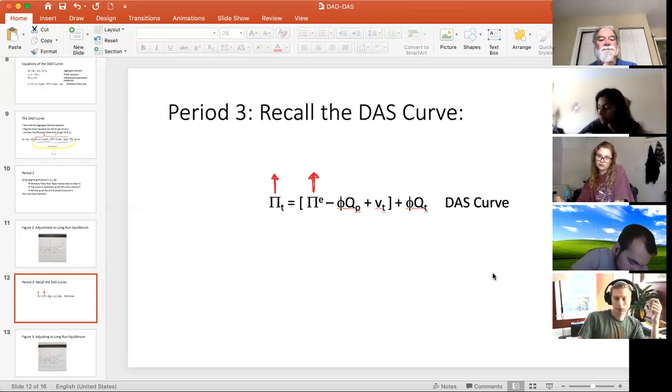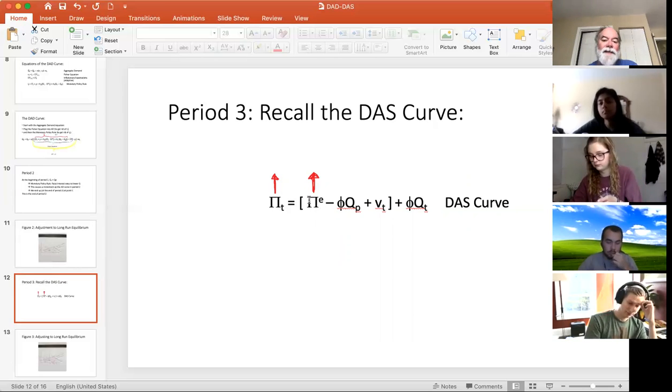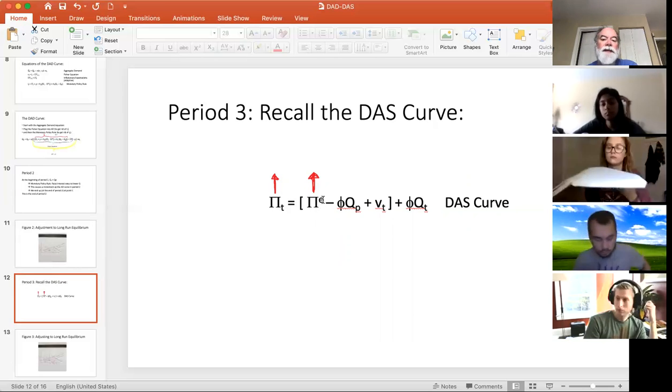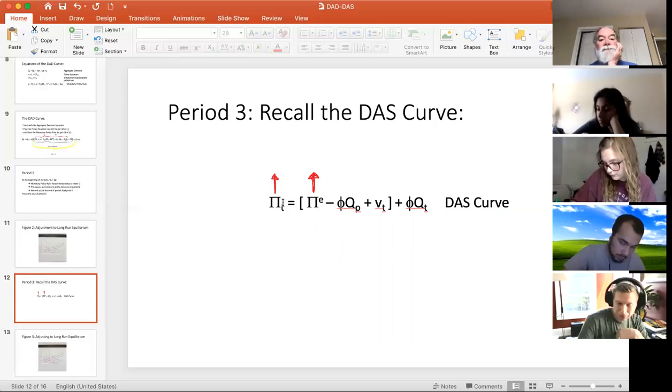Rob, what do you think? It's going to shift up. Yeah. Once again, rising inflationary expectations shift the DAS curve, causing inflation to rise.